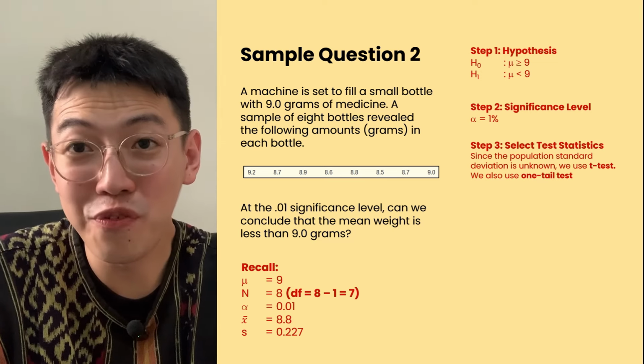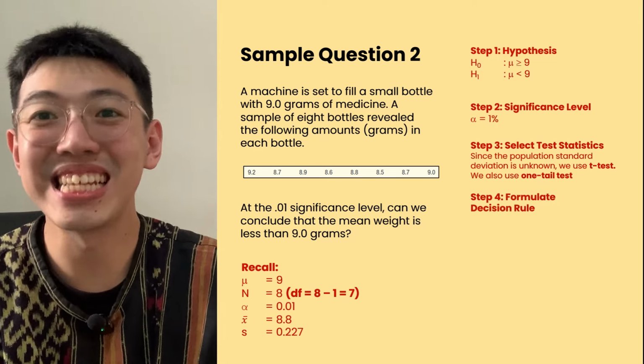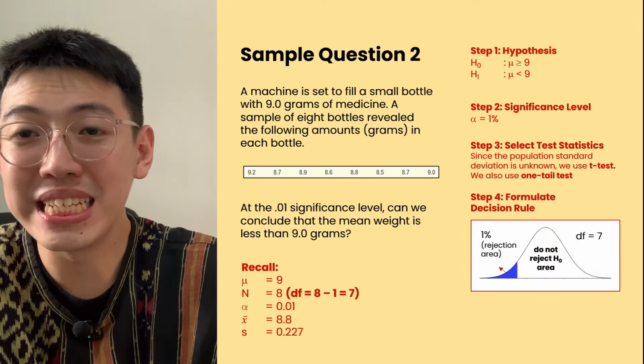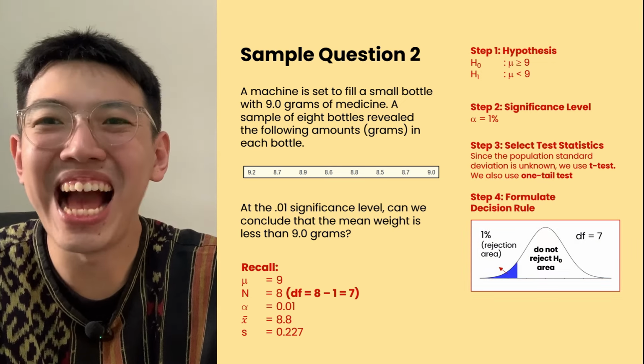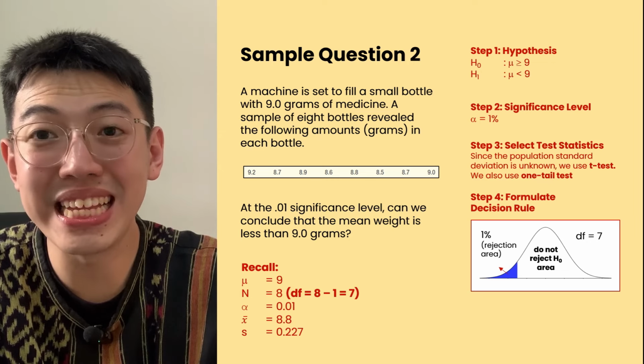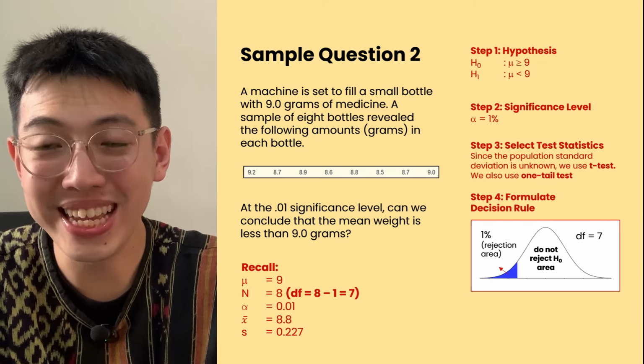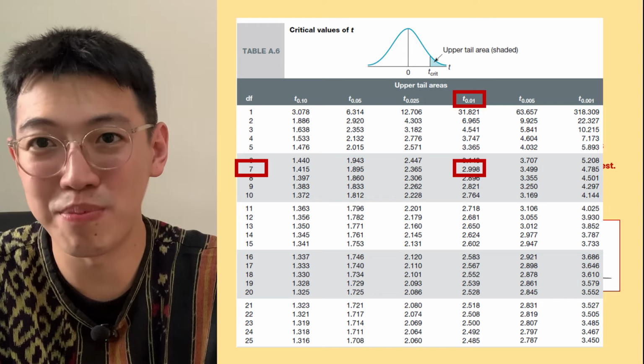Now we go to the fourth step, formulating the decision rule. This is the graph. We know, right, that the DF is 7 and the alpha is 1%. So we can find directly in the t table if the DF equals 7 and the alpha is 1%.